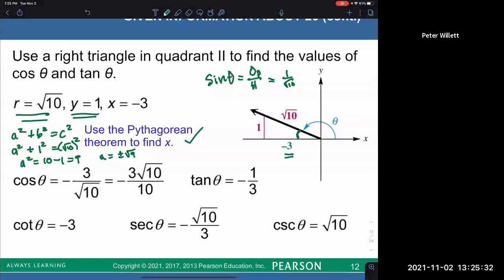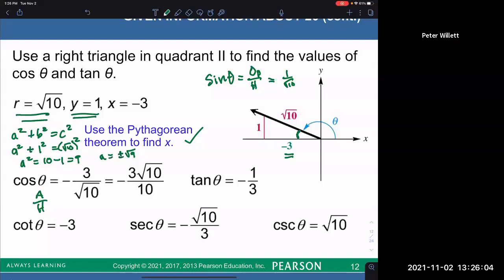And why did we go to all this trouble to draw this triangle to find this missing value? Because when we know the opposite and when we know the adjacent and when we know the hypotenuse for the reference angle, then all 6 trigonometric functions follow from that. Now we already know the sine, but cosine will be the adjacent over hypotenuse. So they do that here, adjacent over hypotenuse. And that gives them -3 over root 10.